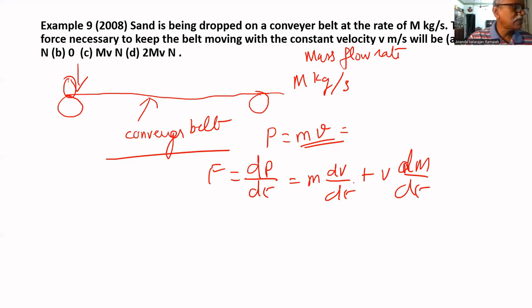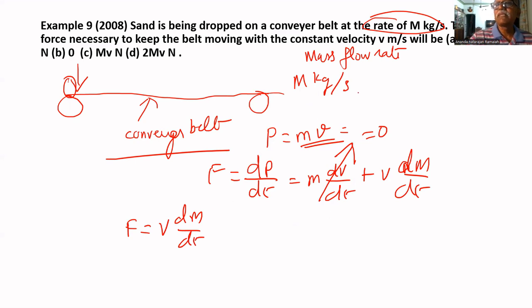But the velocity is constant, so dv by dt equals 0. Therefore, force equals velocity multiplied by dm by dt. dm by dt is given as m kg per second and velocity is v. Therefore, force is mv Newton. Therefore, C is the answer.